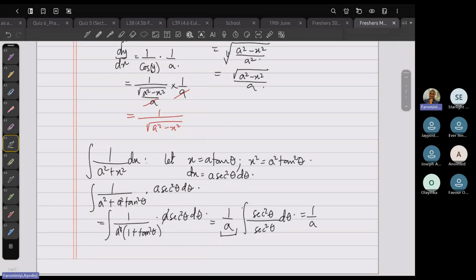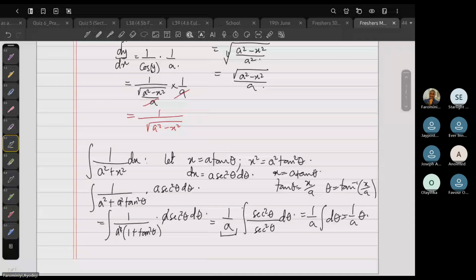So this is 1 over a d theta. That is 1 over a times theta. So what is theta? If x is equal to a tan theta, then tan theta is equal to x over a, then theta is tan inverse of x over a.